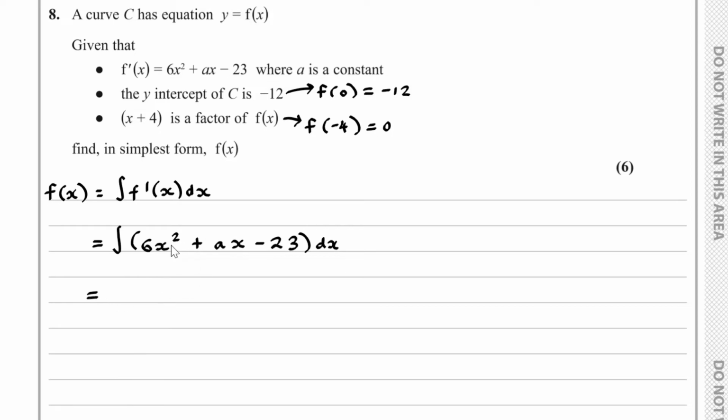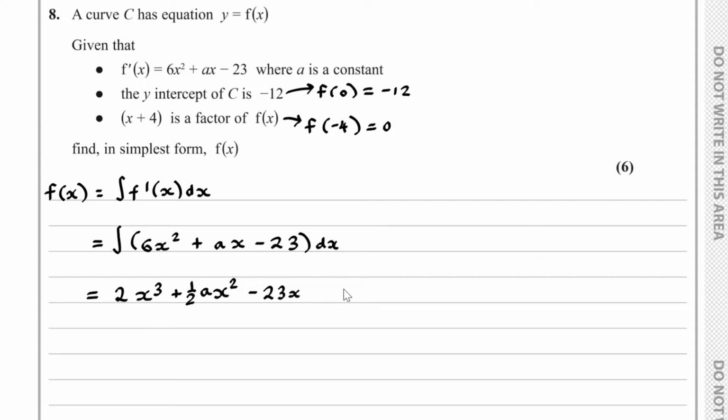And if we do this, add 1 to the power, divide by the new power, the integral of 6x squared is 2x cubed, and if we integrate ax, remember a is just a constant, it's just a number, add 1 to the power, divide by the new power, the integral of ax is equal to 1/2 ax squared. And if we integrate minus 23, we get minus 23x.